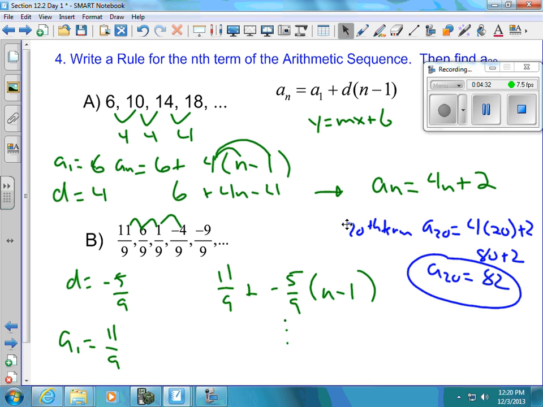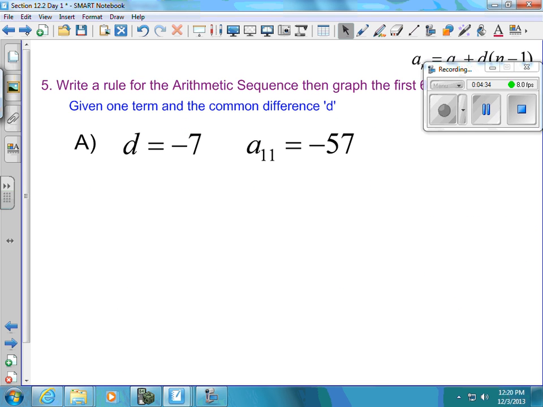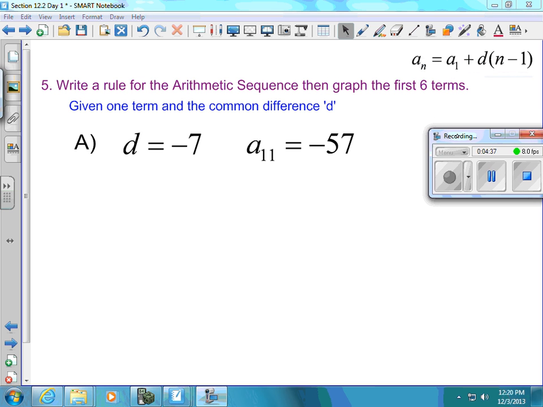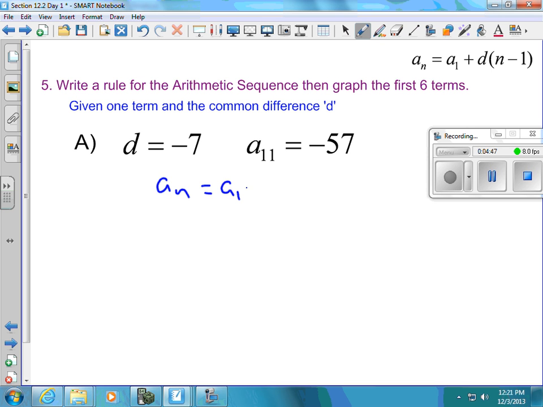Just plug it in. On this one, I'm going to give you the difference in a different term. How can we find the rule this way? We look at the equation a sub n equals a sub 1 plus d times n minus 1. Our difference is -7.